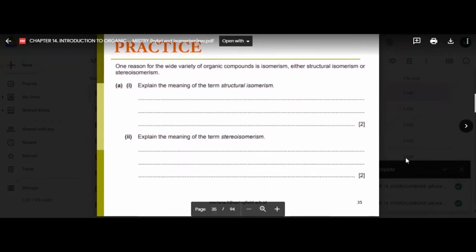Let's answer this. Explain the meaning of the term structural isomerism. 2 points here.